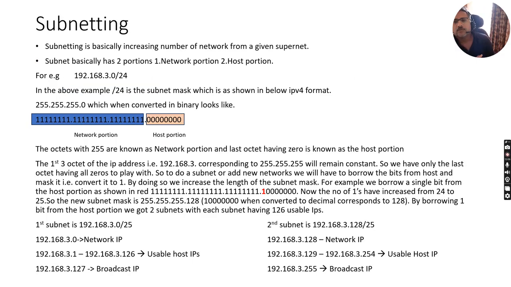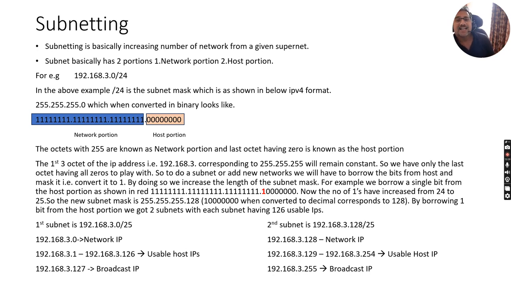Now you have understood what an IP address is, right? It's a 32-bit IP address having 4 octets. So each octet is of 8 bits. So what does that IP address consist of? That IP address is mainly made of 2 portions, network portion and the host portion.